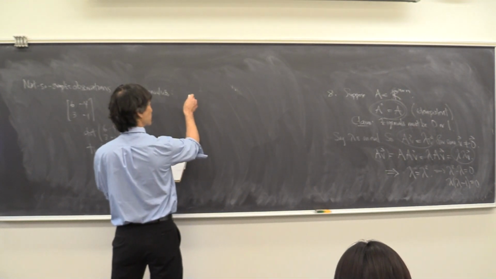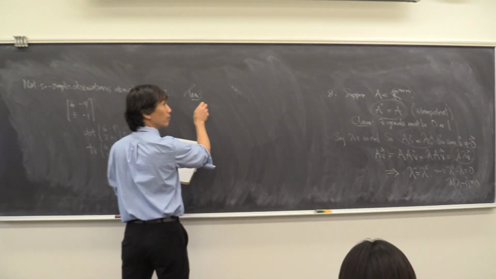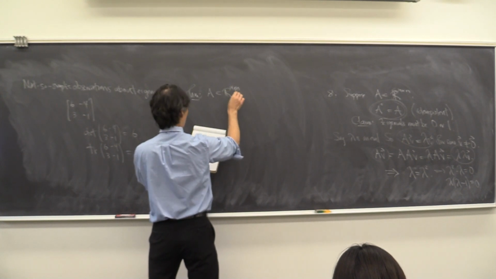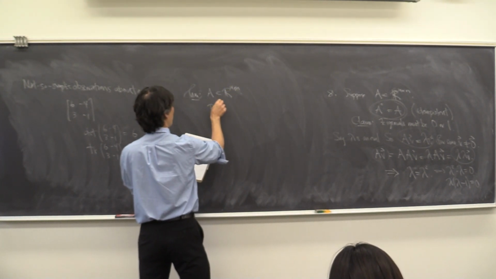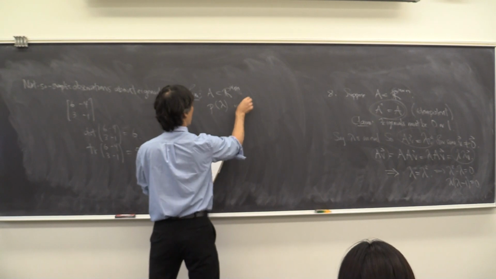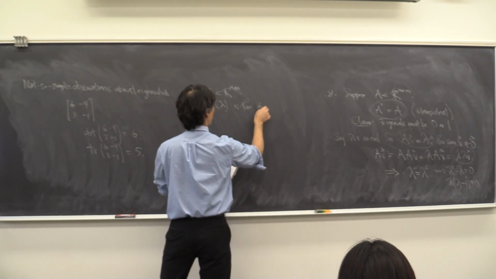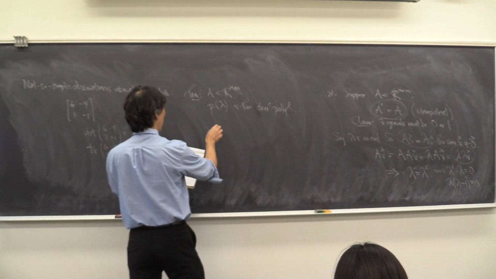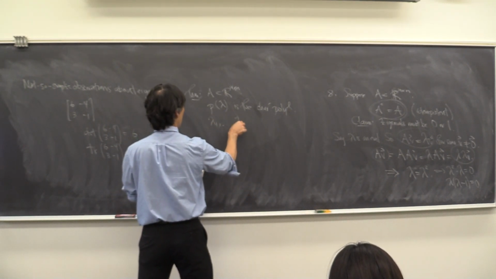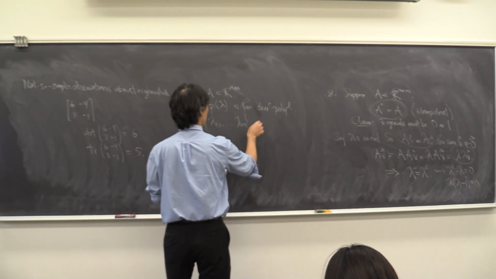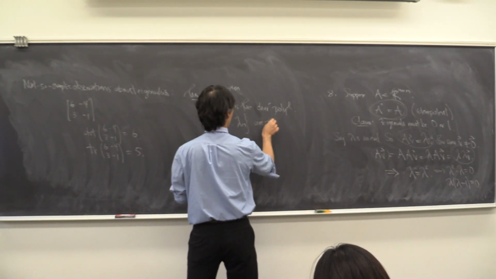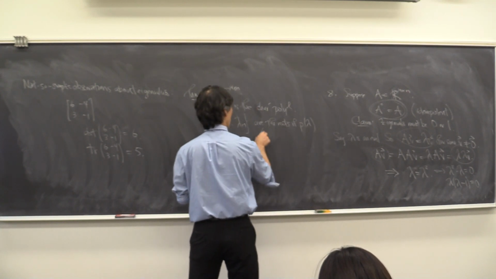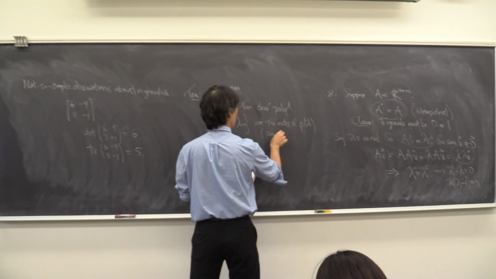That if you have an n by n matrix and p of lambda is the characteristic polynomial, and lambda 1 through lambda n are the roots of that polynomial, some possibly duplicated.